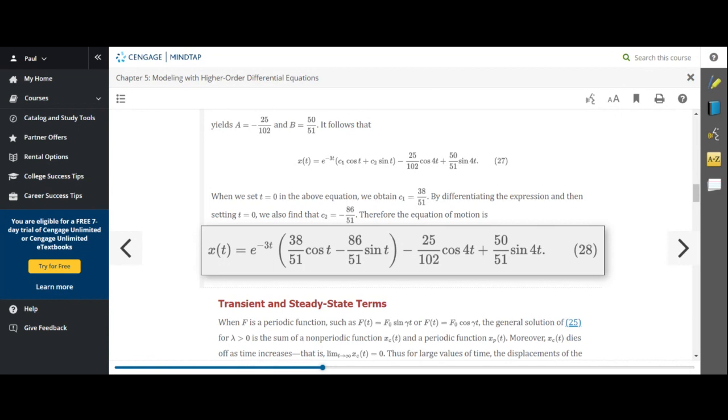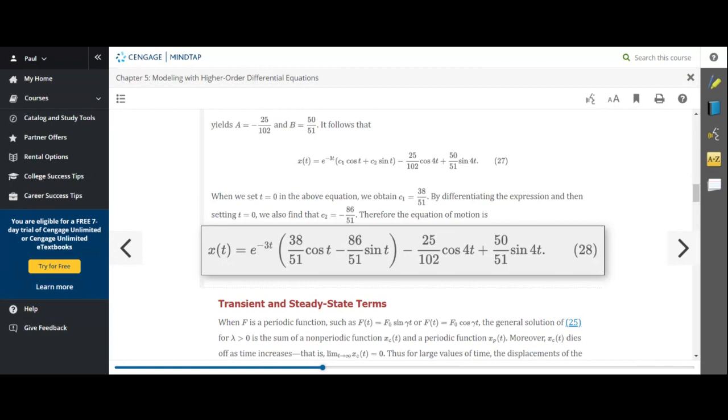Are there any transient terms in the equation of motion? Yes, the first term multiplied by e to the negative 3t is transient. That's right, Michael. So the e to the negative 3t goes to 0 as time gets large.